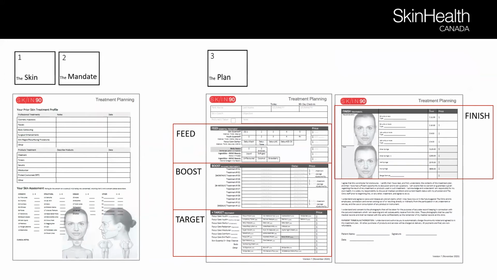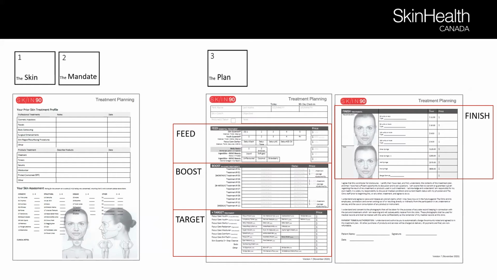To give you a sense of it, what we've done to help support the process within your clinic is provide a clear documentation process. So this is what Skin90 looks like on paper, essentially. Anytime someone's coming into your clinic, whether it's a new client intake or a new client planning session, this is the template that you would use.